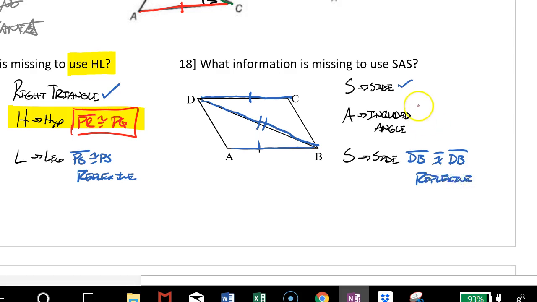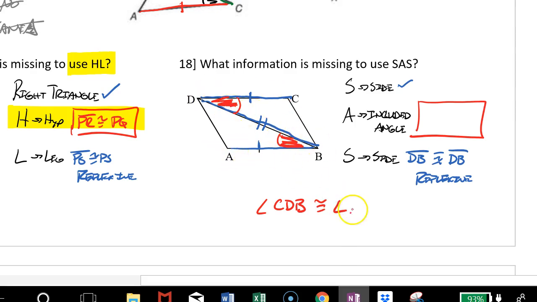So really the only thing I'm missing is an included angle. If I'm looking for an included angle in this top triangle, I need this angle here to be included, and in this one I need this angle here. So the included angle that I'm missing is angle CDB, my top triangle, to be congruent to angle ABD in order to prove the side angle side triangle congruency theorem.